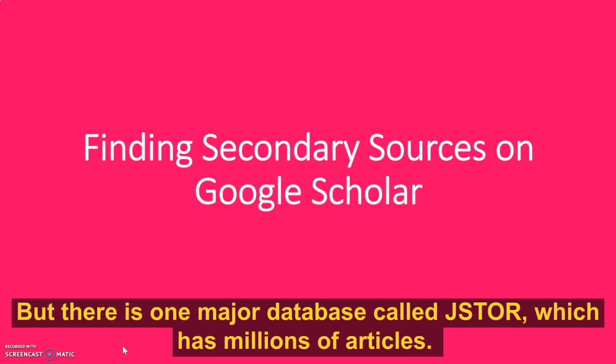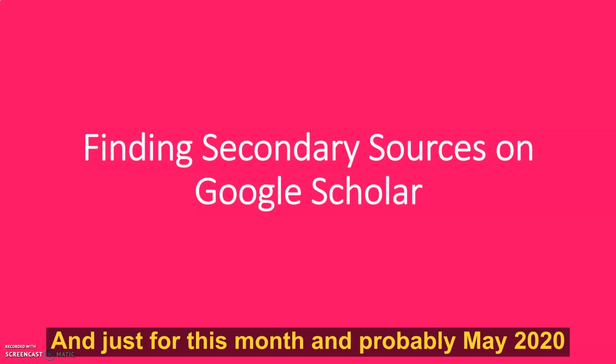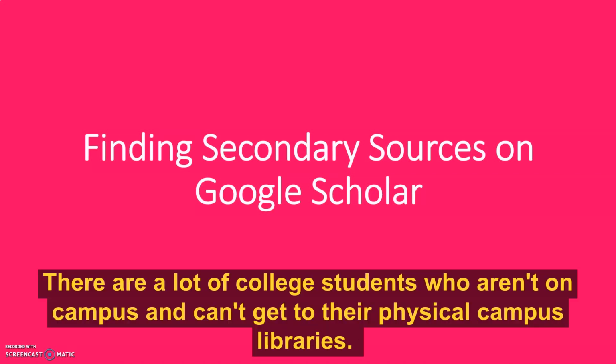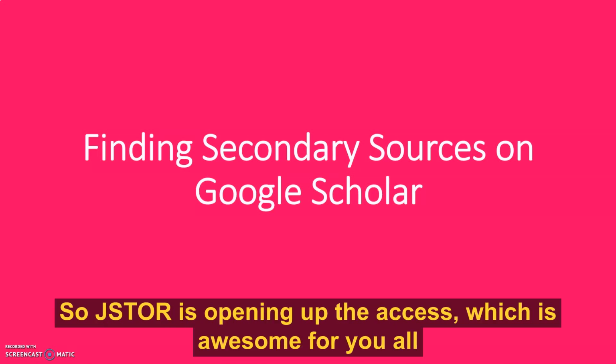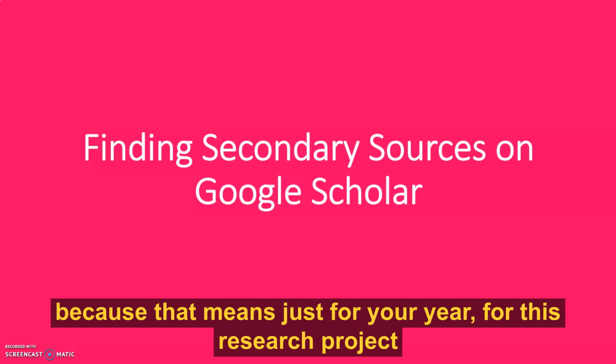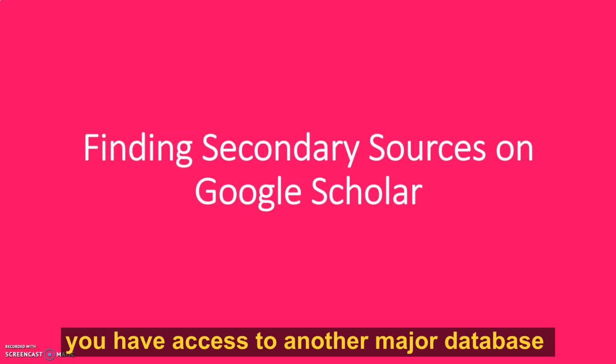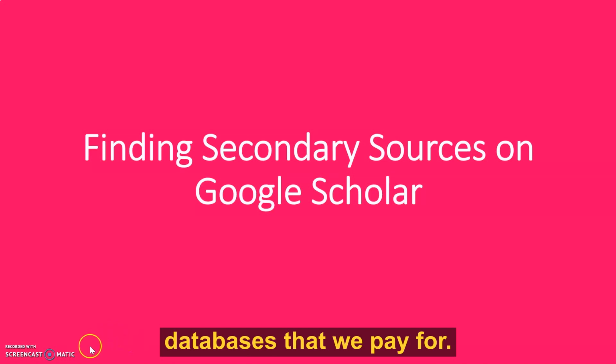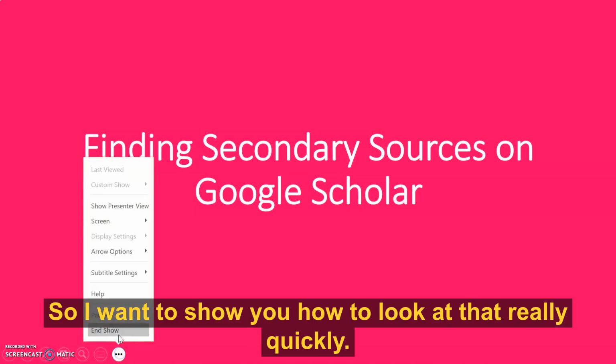But there's one major database called JSTOR, which has millions of articles, and just for this month and probably May of 2020, they're offering any student 100 free articles to access and download because of the COVID-19 pandemic, and there are a lot of college students who aren't on campus and they can't get to their physical campus libraries, so JSTOR is opening up the access, which is awesome for you all because that means just for your year for this research project, you have access to another major database that will probably give you even better sources than the ones through the databases that we pay for. So I want to show you how to look through that really quickly.